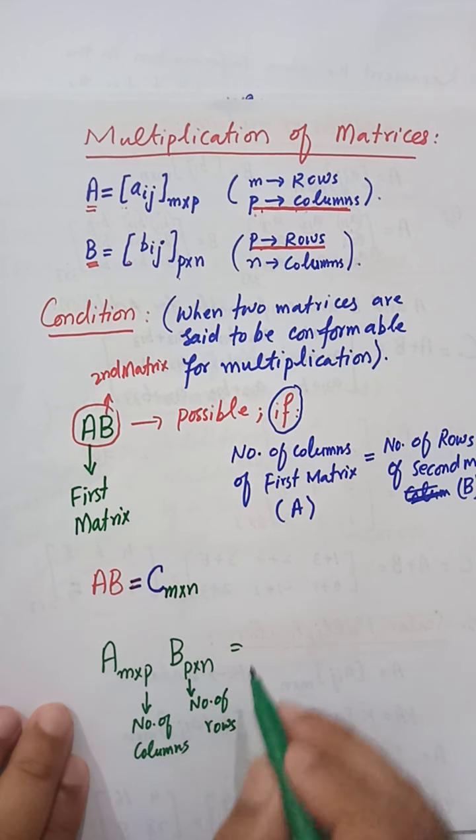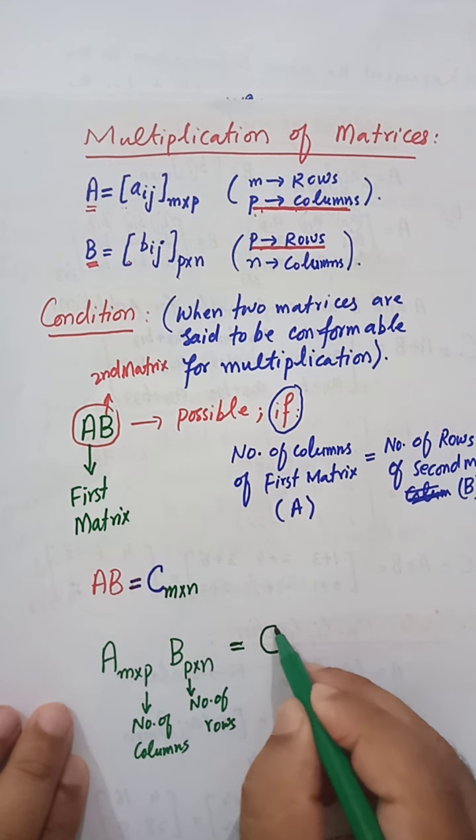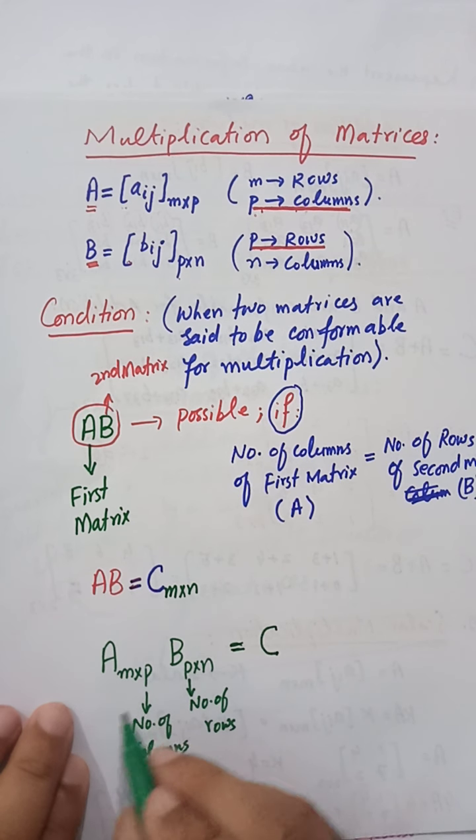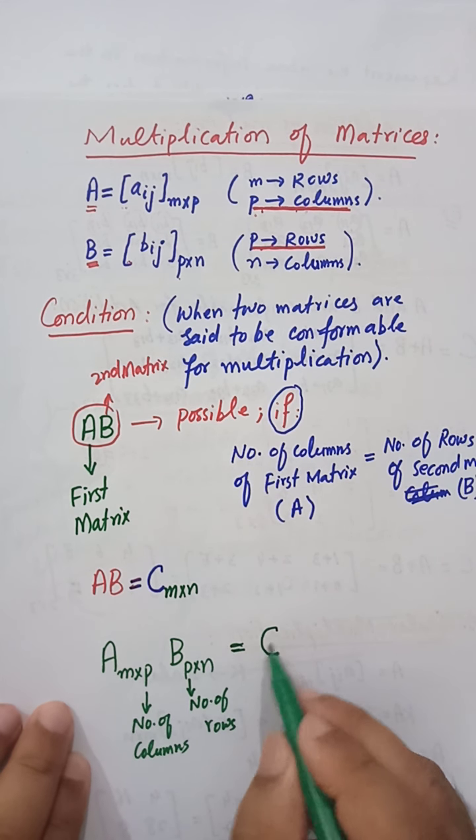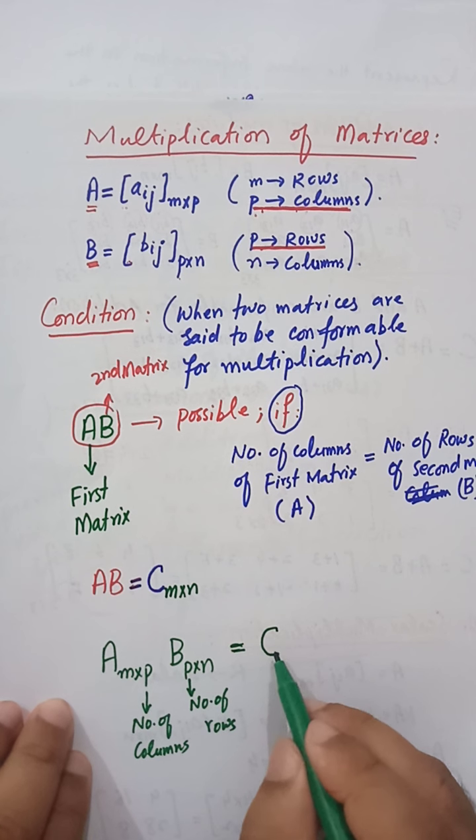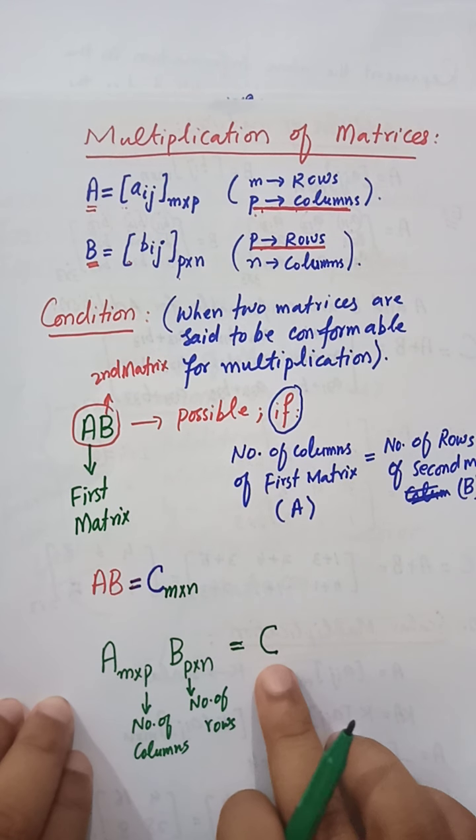So this product is possible. When you do the product you will get another matrix C. So how can you determine the order of this matrix? The order means how many rows will be there and how many columns will be there.